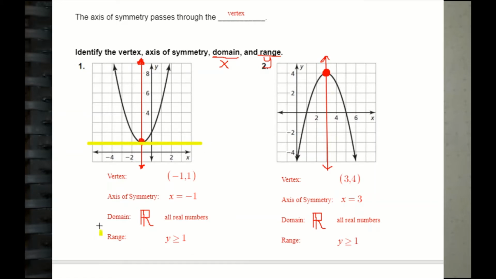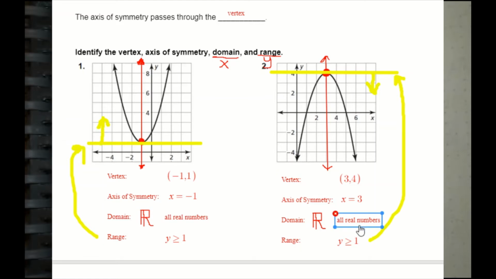So that's where the range is coming in. So it's everything above here. But here, it's going to only be the values below 4. Okay, so the range is going to be everything below 4. So let's see how we're going to write that. Instead of y being greater than or equal to anything, it's going to be less than or equal to 4.